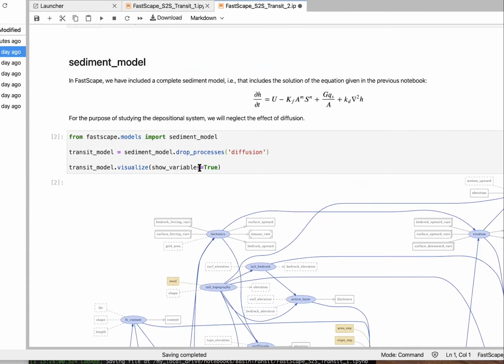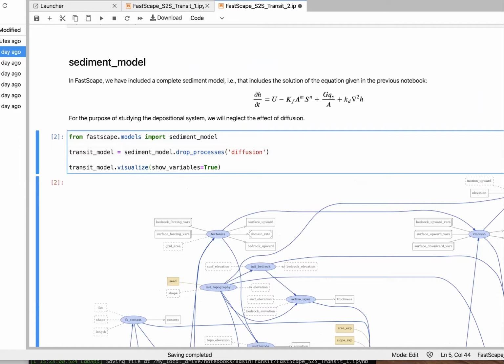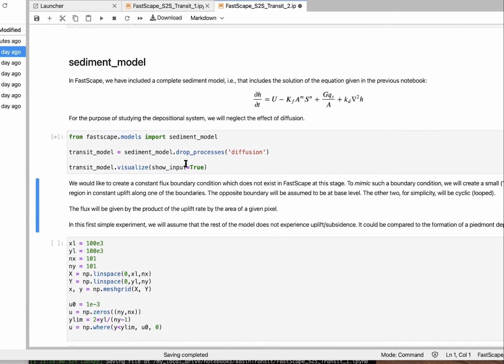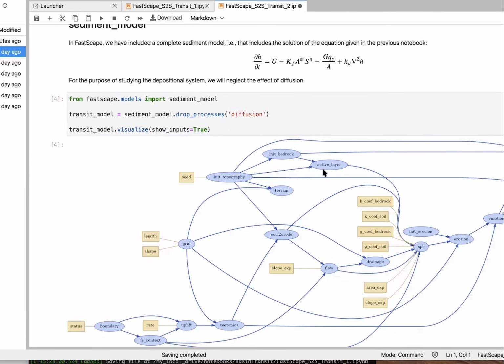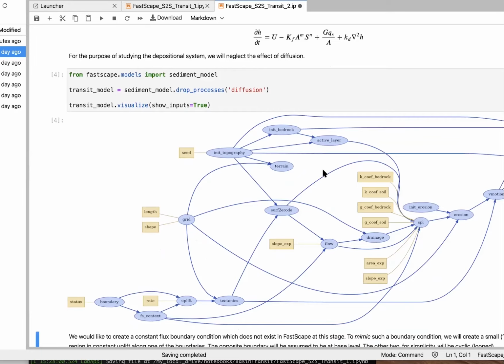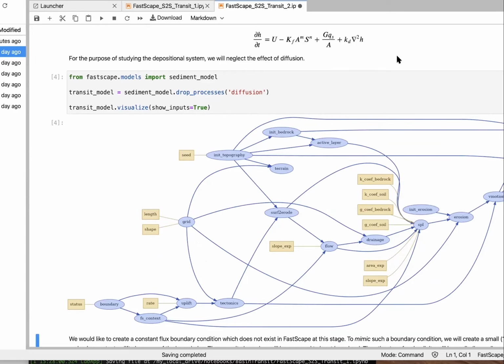Let's just go, I think, input, true. Missing thing. Of course, it has inputs that we have to deal with, okay? What is it that's so complicated? Well, it's exactly the same as the stream power rule.